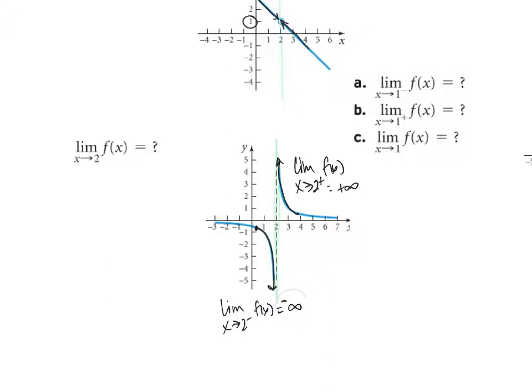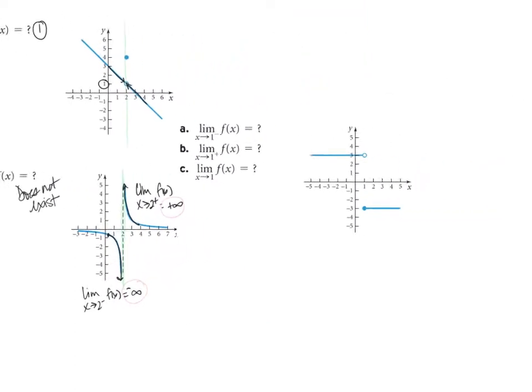So the limit from the left does not match the limit from the right, and when that happens, we say that the limit does not exist.